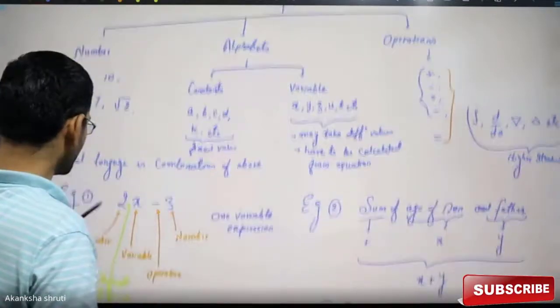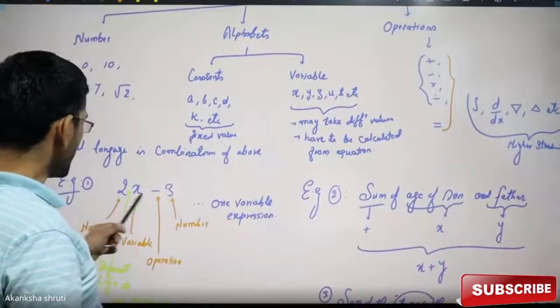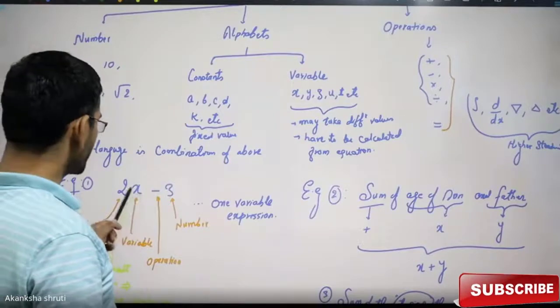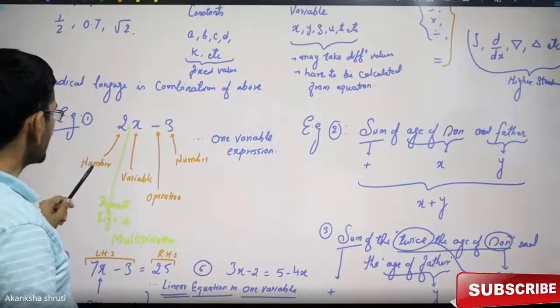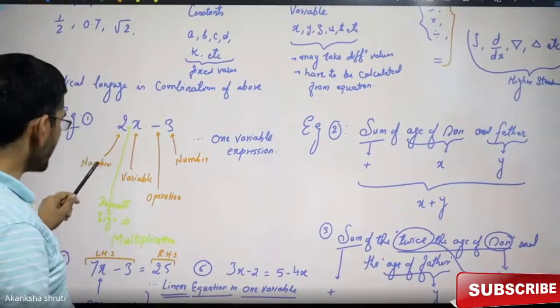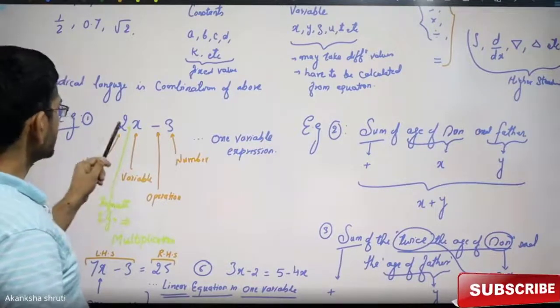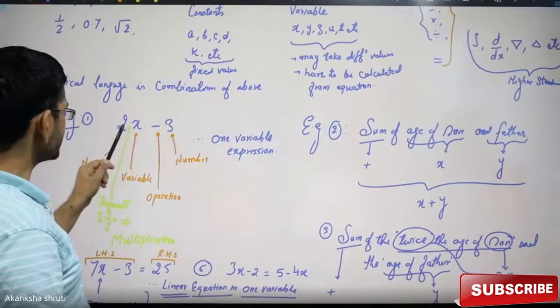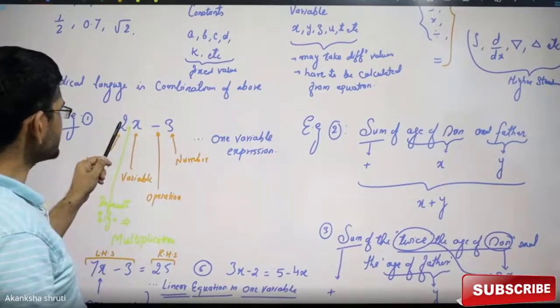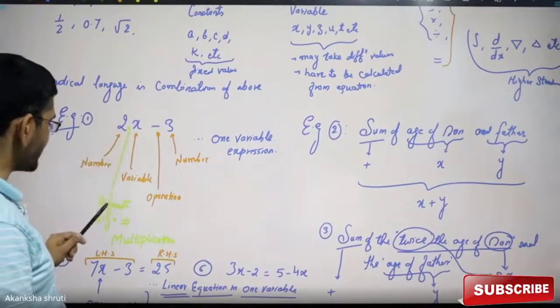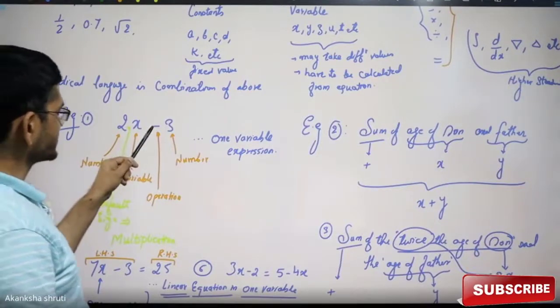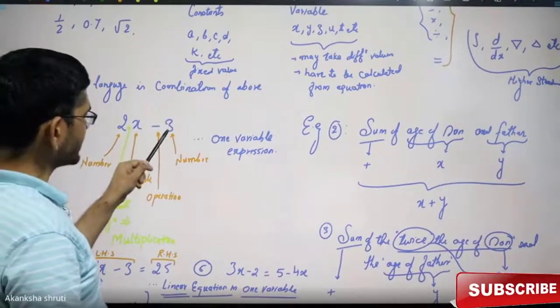Like here, 2x minus 3. Here x is the variable, 2 is the constant, or rather a number, and in between 2 and x nothing is mentioned. It means x is 2 times, so 2 and x are multiplied, then there is the minus sign and another number 3.